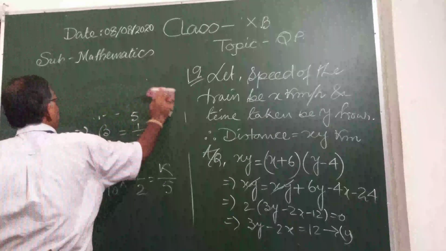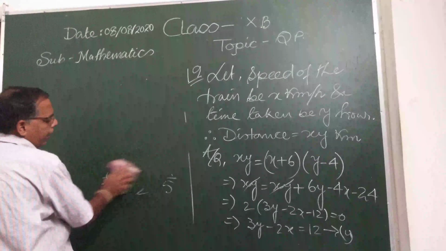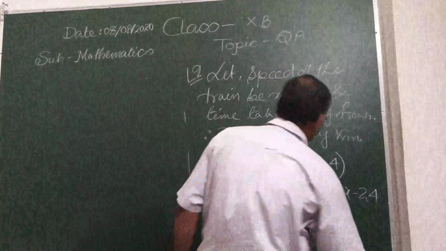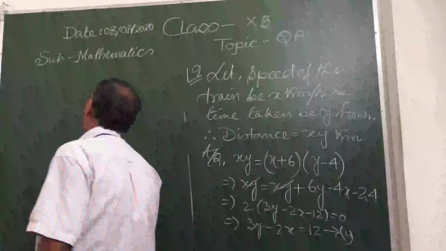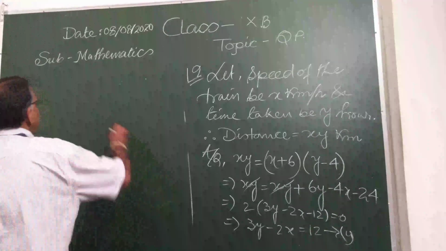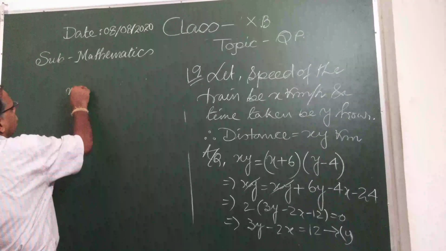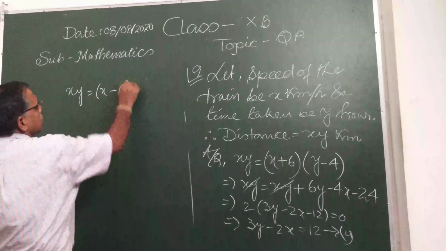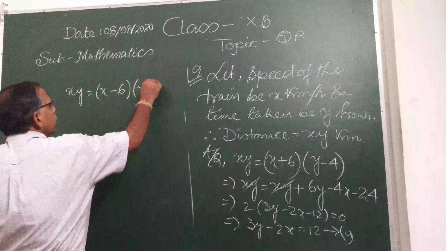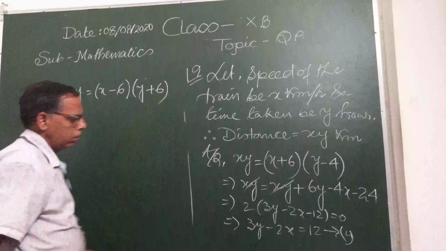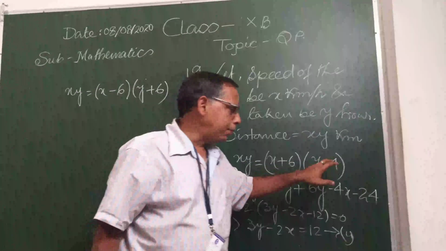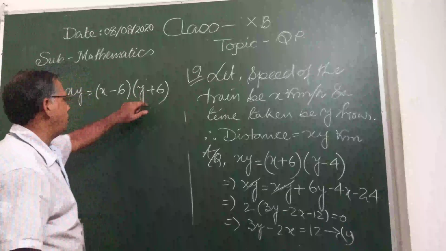Now next, what is given? They are saying that if speed is decreased by 6 km, then time will be more. So xy equal to x minus 6 times y plus 6. Speed increase plus, speed decrease minus, time reduce minus, time increase plus.